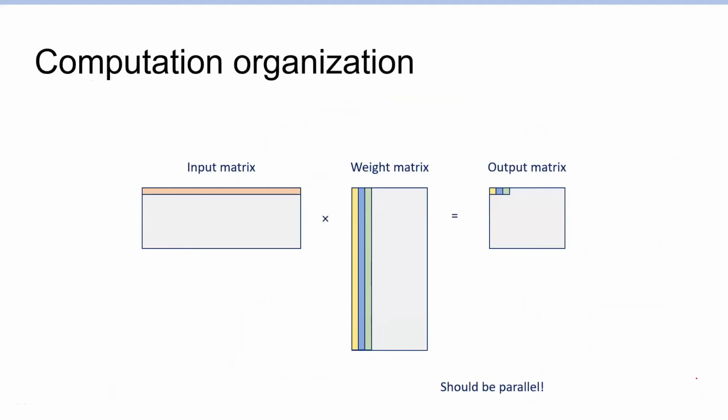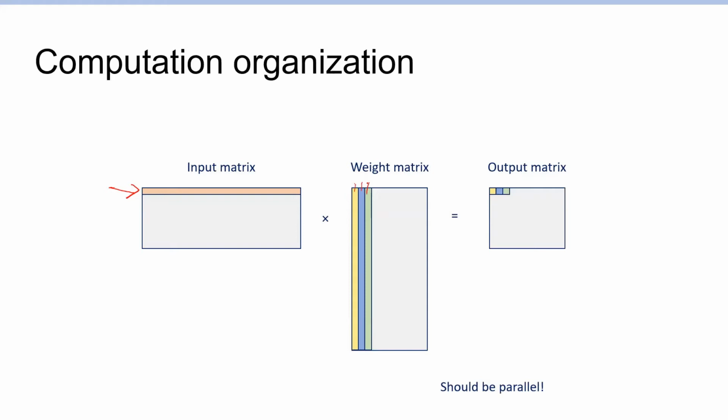If you go into a little more detail on the organization of the computation, it looks a little bit like this. For each row of the input matrix, it has to be multiplied against columns of the weight matrix.